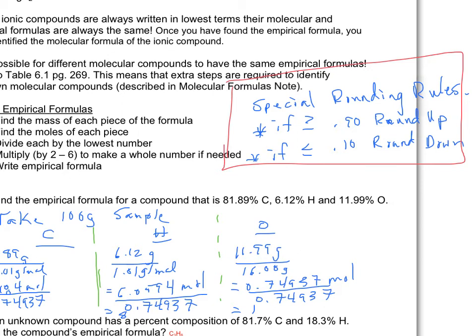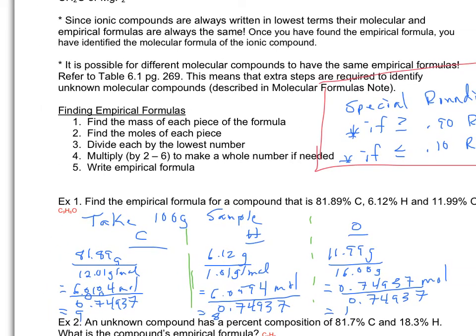If you can't round, so if you're between 0.10 and 0.90, follow with step 4. Multiply all of your numbers by a factor somewhere between 2 to 6. One of these options will give you a whole number. Take the one that is the closest.